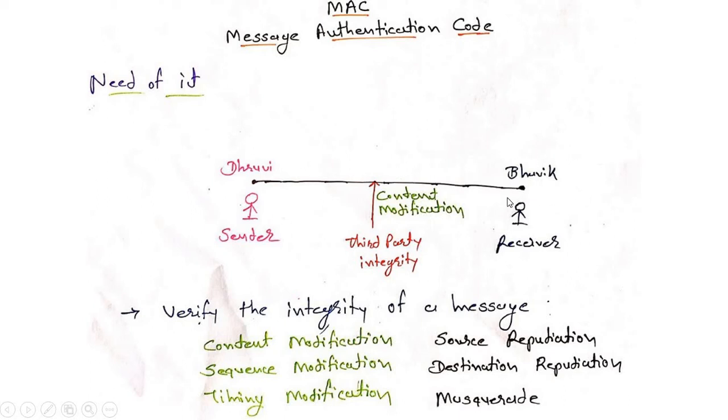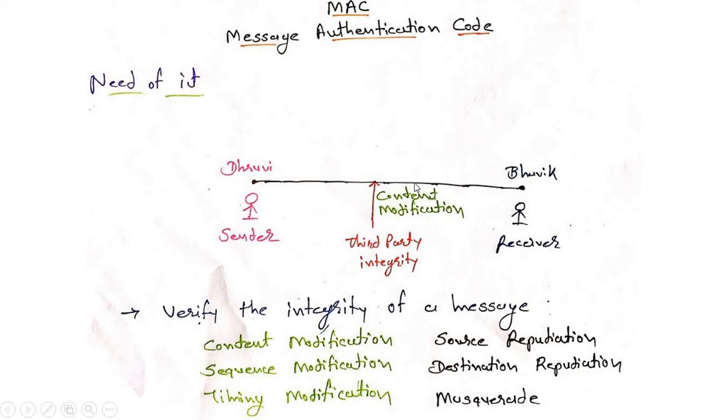Whenever Bhavik receives the message, how will Bhavik know that this message was sent by Dhruvi? Actually the sender address is available in the message, but there is no authenticity. How can we be sure that it is the original sender?